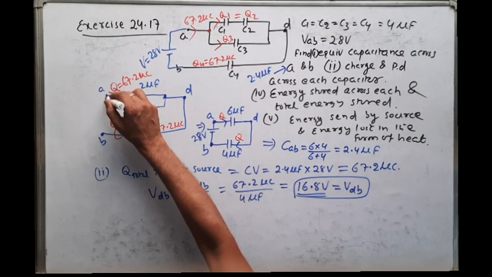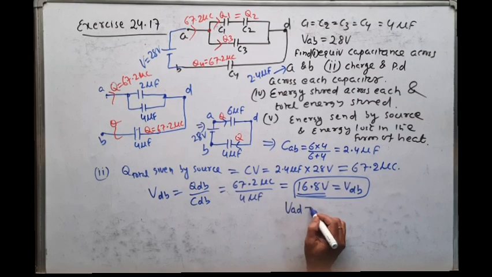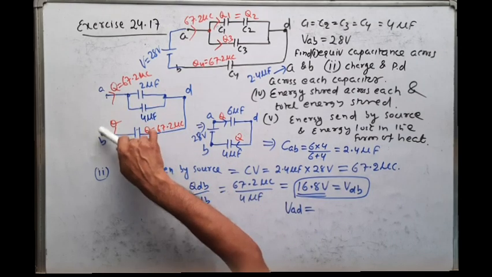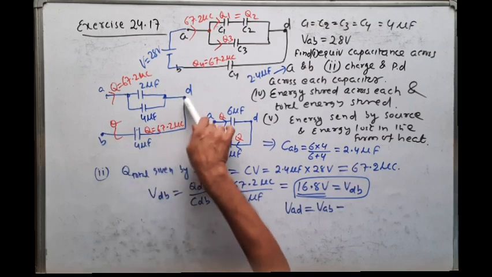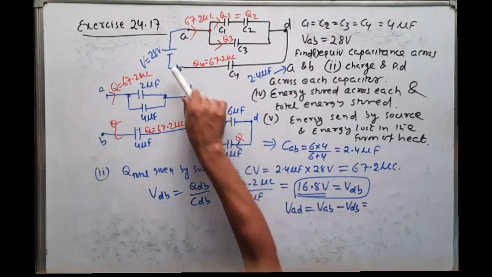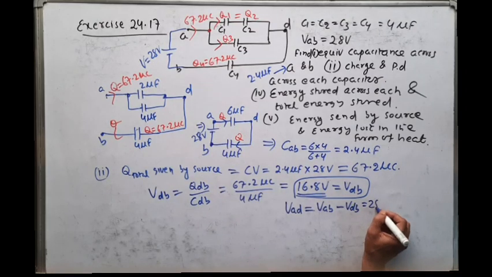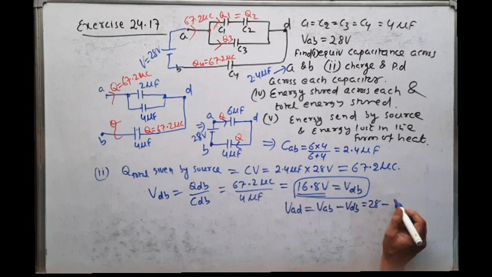Now, what is the voltage across A and D? So, voltage across A and D is equal to total supplied voltage, that is VAB, from that you have to subtract VDB. That is, total supplied voltage was given 28 volt minus voltage developed across D and B, which is 16.8.